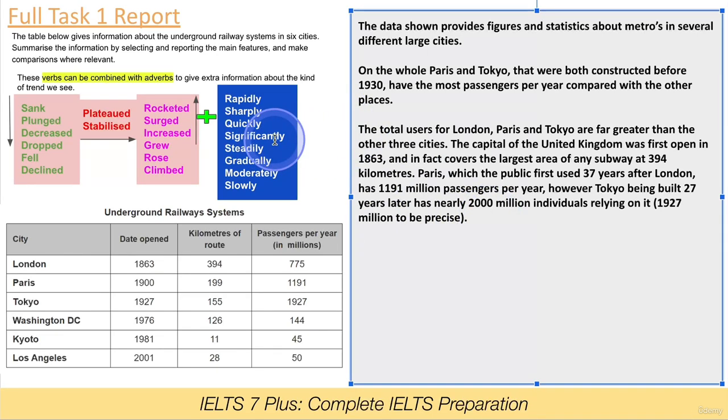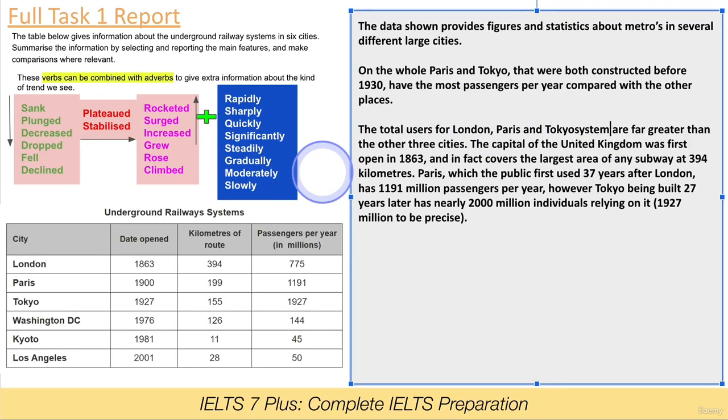So the total users for London, Paris, and Tokyo systems are far greater than the other three cities. The capital of the United Kingdom was first opened in 1863 and in fact covers the largest area of any subway at 394 kilometers.